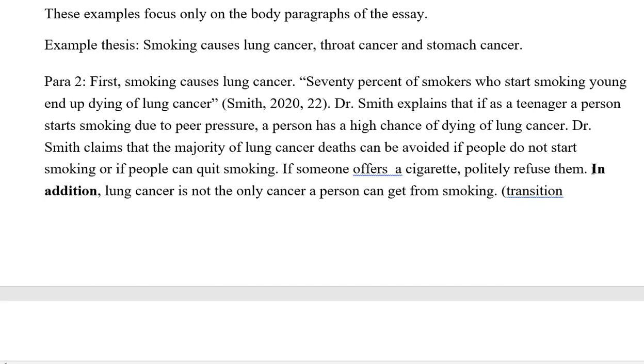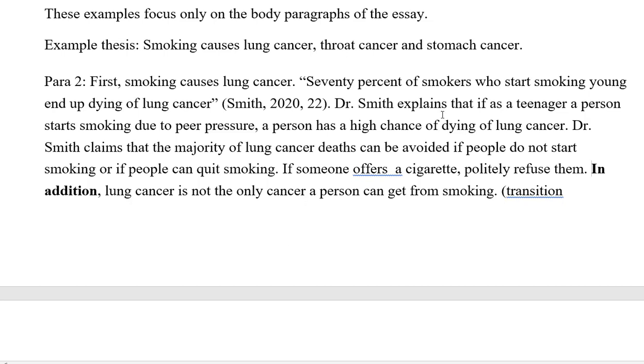So right before the last sentence, right before your concluding paragraph, you want to transition to the next paragraph. So here, remember the thesis is lung cancer, throat cancer, stomach cancer. So here the second paragraph is talking about lung cancer. In addition, lung cancer is not the only cancer a person could get from smoking. People can also get throat cancer from smoking.